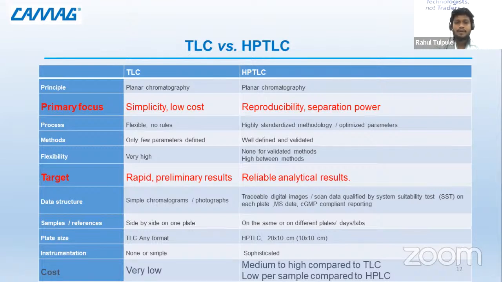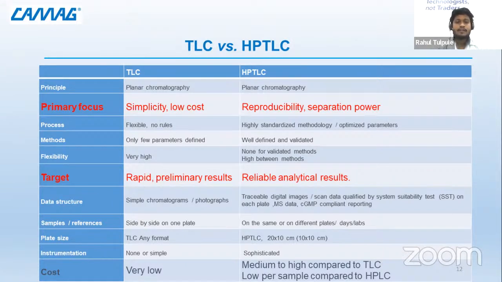TLC has very few parameters, whereas in HPTLC we have well-defined and validated parameters. The flexibility in TLC is high, but as we are using a validated method in HPTLC, no flexibility is available. We have to follow the validated methods. The target of TLC is rapid, preliminary results, but in HPTLC we have reliable analytical results.